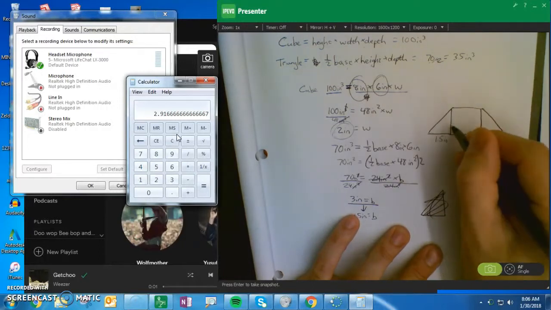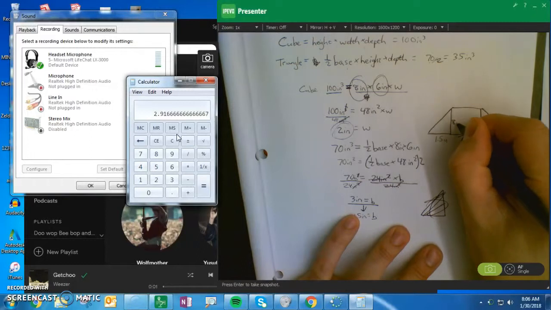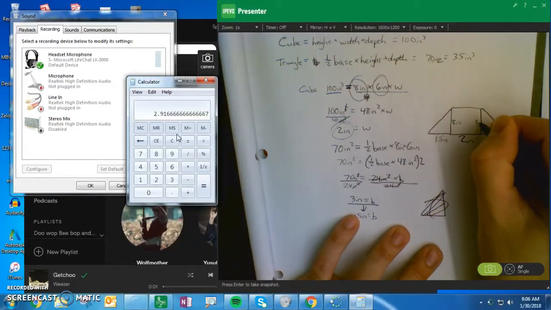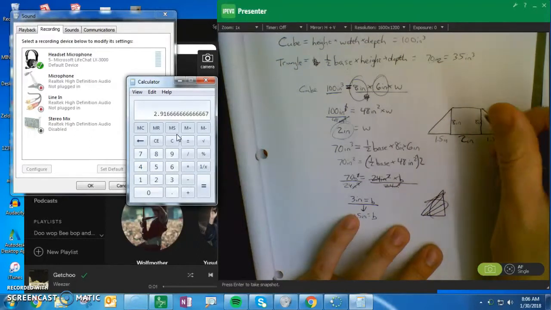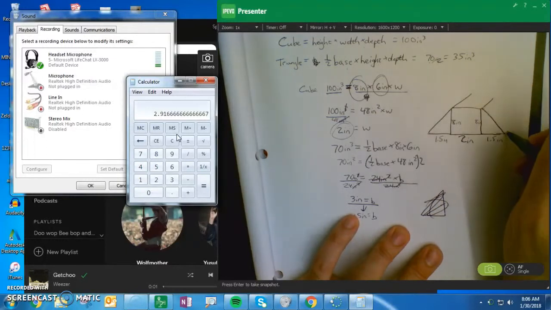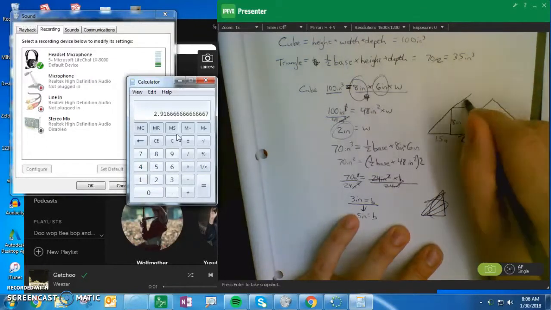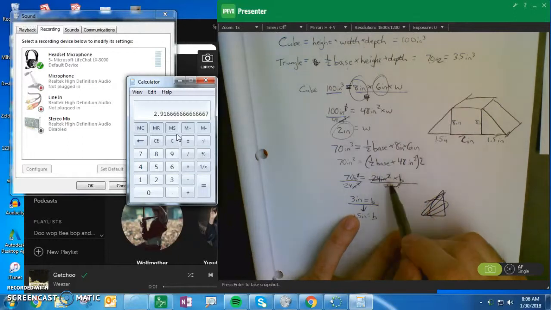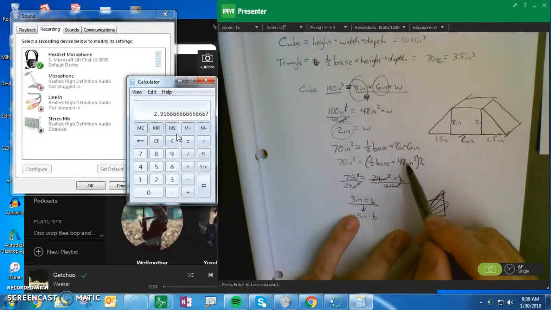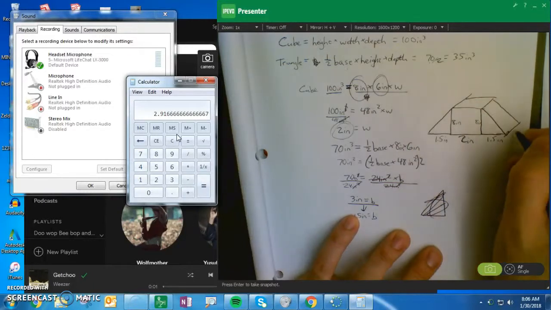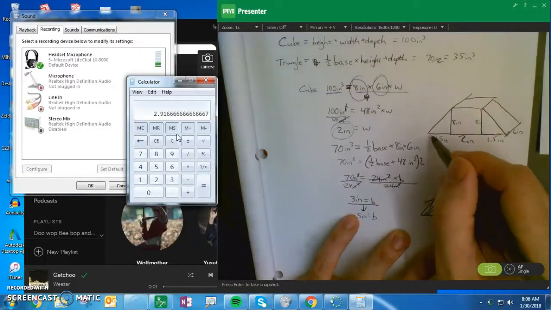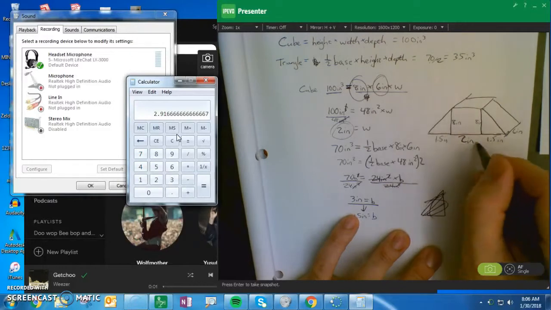The height here is going to be 8 inches, and the depth, as we determined, is going to be 6 inches. So that makes the total base 4.5 inches.